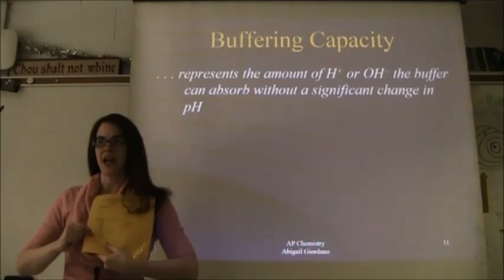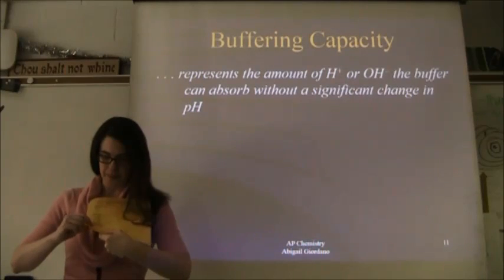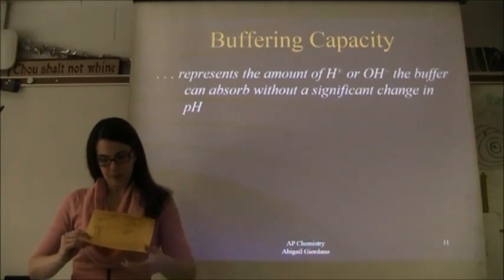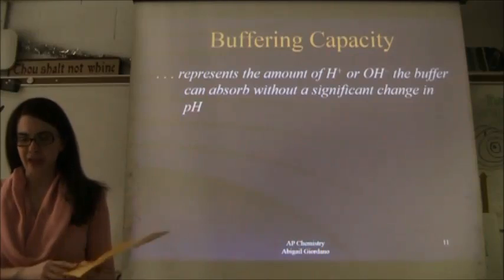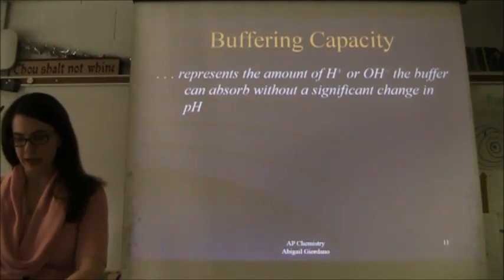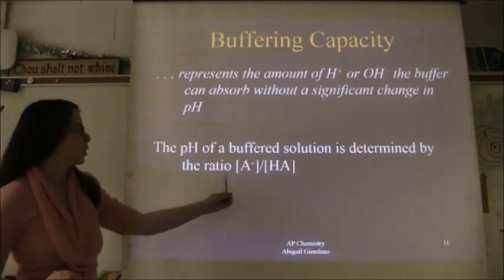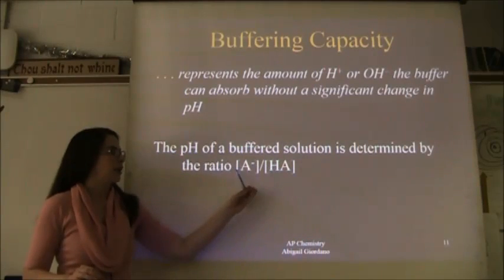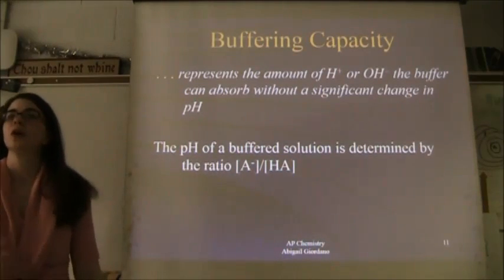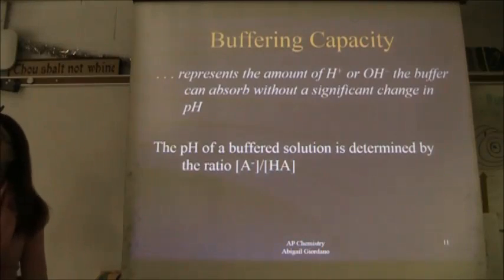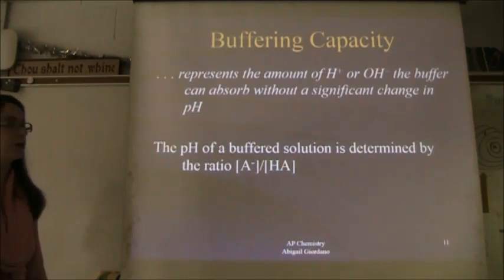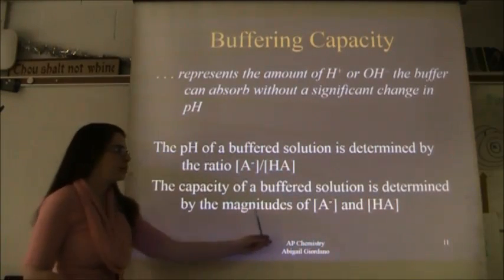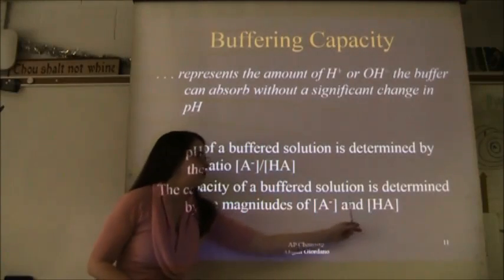It's the second to last equation in this section. Look at the end of that equation, where you see this. Okay, base over acid. What determines how much a buffer can absorb is the magnitude of these values.